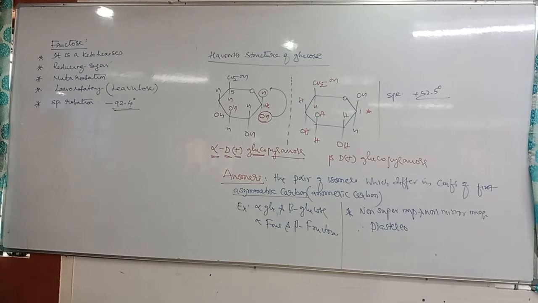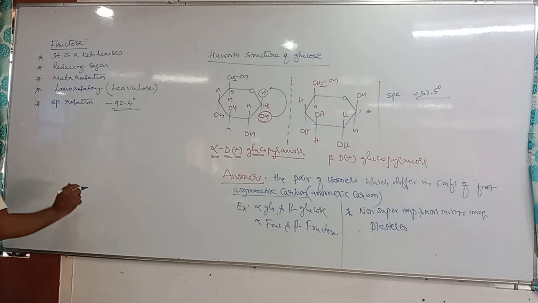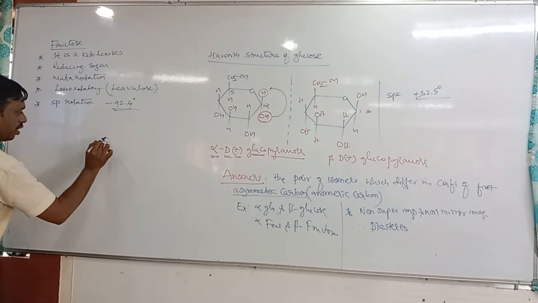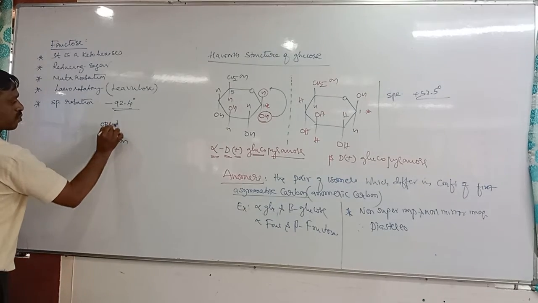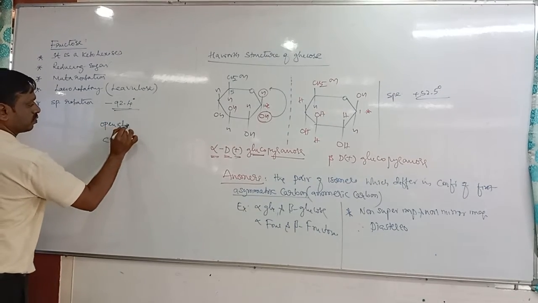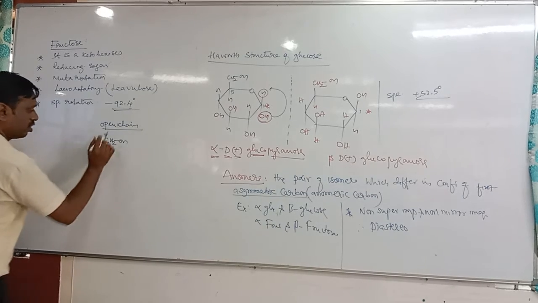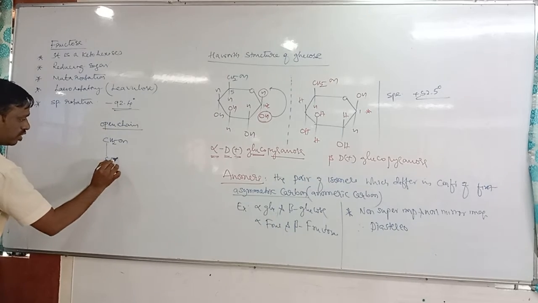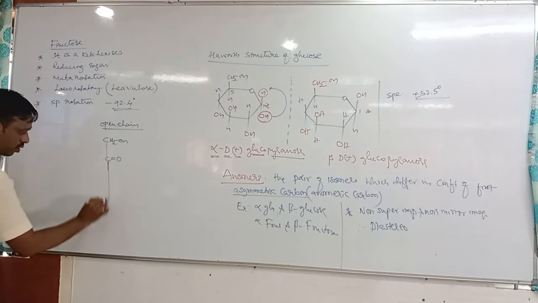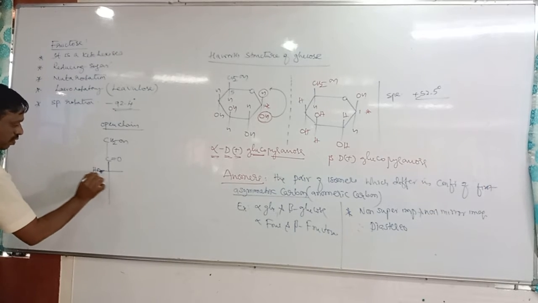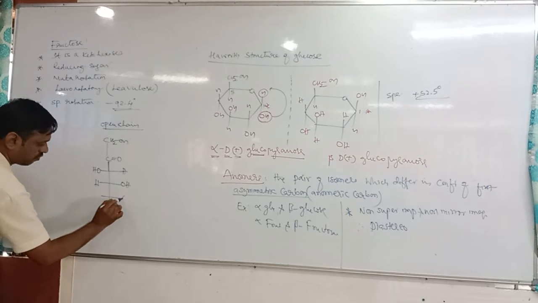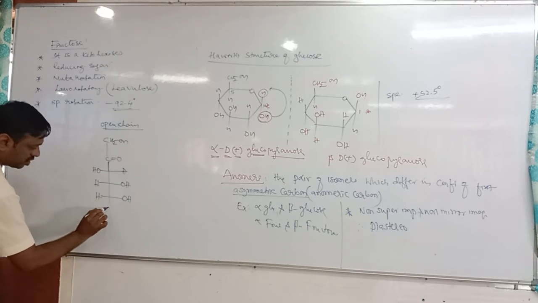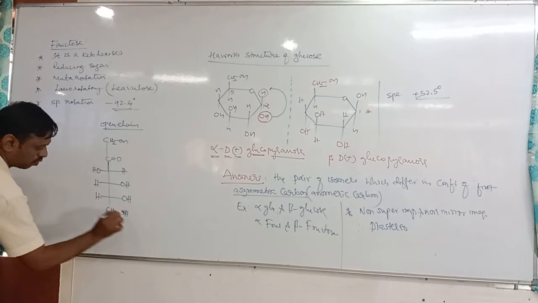Okay, now let's see its structure. First let us take the open chain structure. In the open chain structure, first carbon CH2OH, second carbon keto group, third carbon OH, fourth carbon, fifth carbon OH, and sixth carbon is CH2OH.